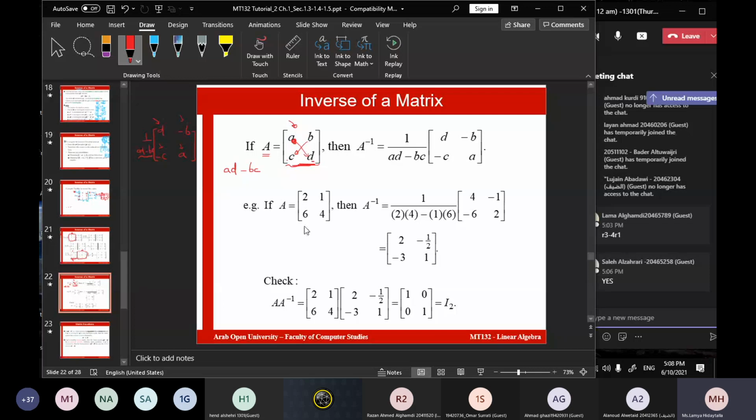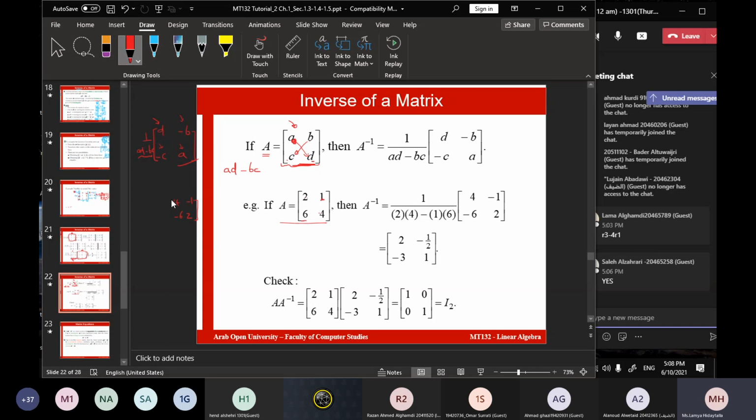Like for instance, let's take an example. What if this is A? Let's find the inverse. It is 2 by 2. Can I use this method? Yes. So what do we do first? We flip, right? A 2 and 4. So 4 and 2. And then this one and this one as they are, but with a minus sign, minus 6.